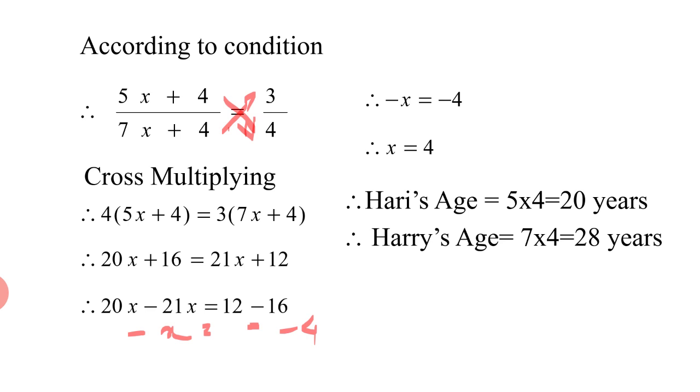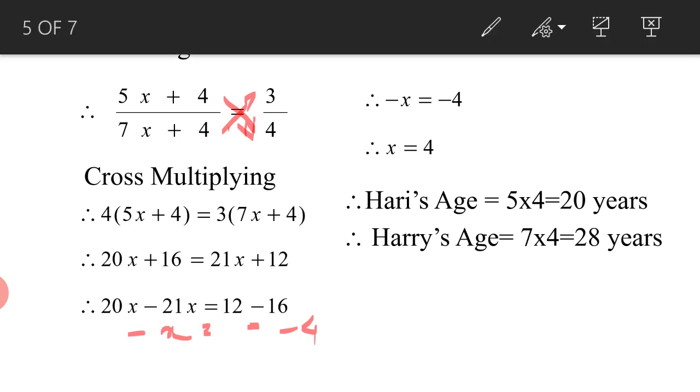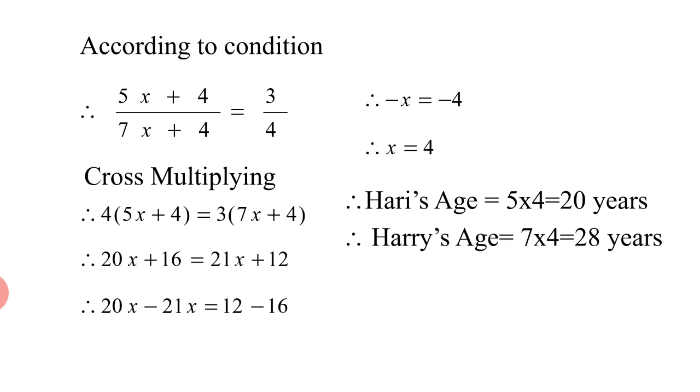Are you getting, children? So these are the applications of equations wherein you do not get a linear equation directly, but you get an equation which can be reduced to linear form. Is it okay?